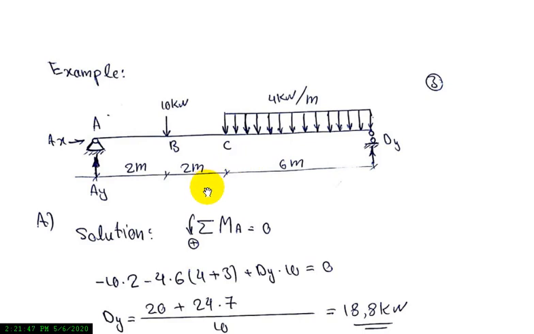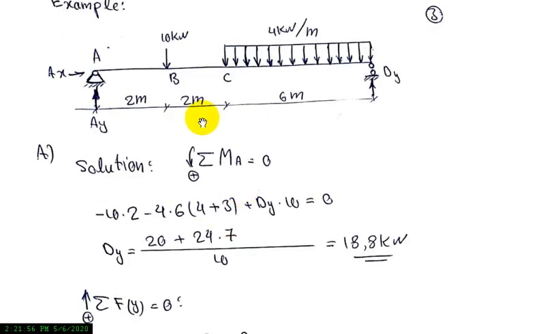For finding the reactions, it is the same as the section method we discussed in the previous lecture. Now I want to find the reaction. We take moment about A, with counterclockwise as positive, equal to 0.